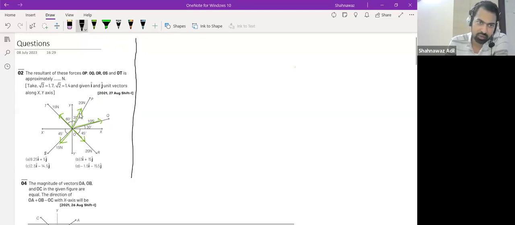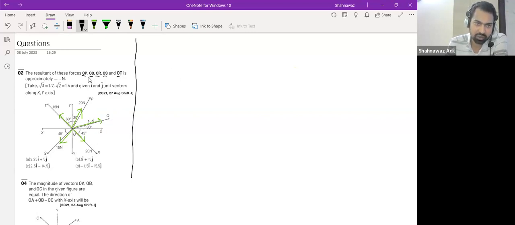So we were doing this question based on resolution. You see that we have five vectors: OP, OQ, OR, OS, and OT. We cannot apply the parallelogram law or the triangle law one at a time to solve all these vectors. So what we can do is resolve each vector in Cartesian form, and then we can easily calculate the resultant.